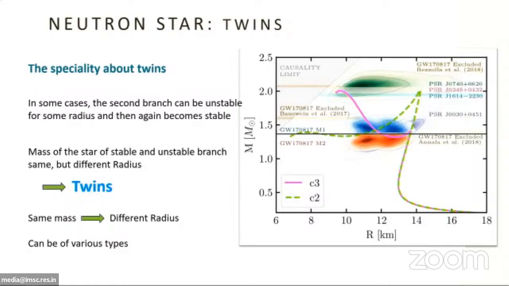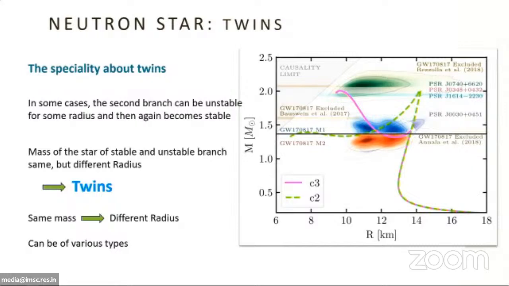You can even see in this diagram that there can be different types of twins. One is if my mass-radius curve increases till here, then dips and then goes up; these two stars can be twins. Or it can increase till here and then go down; then these two stars are twin stars.